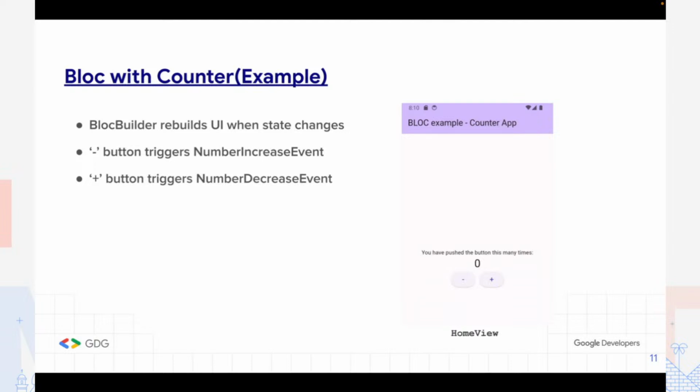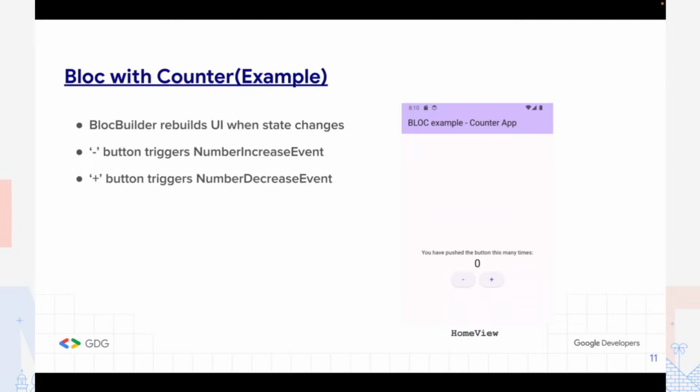So that was a simple example with the counter block where I had two buttons, minus and plus, which triggers number increase event, number decrease event. And we also saw how we can add a new button, write the respective event class and the block functionality or the block logic, and call them in the view.